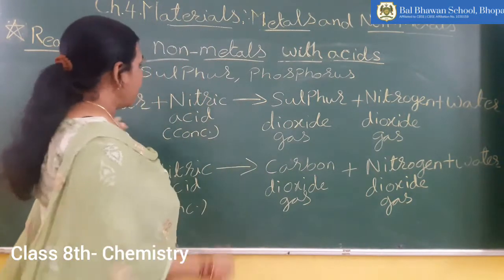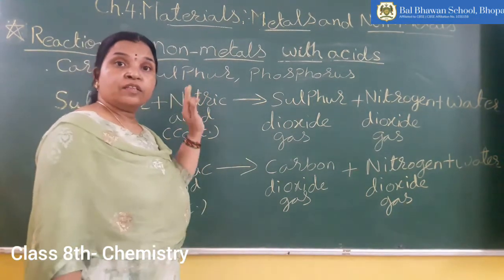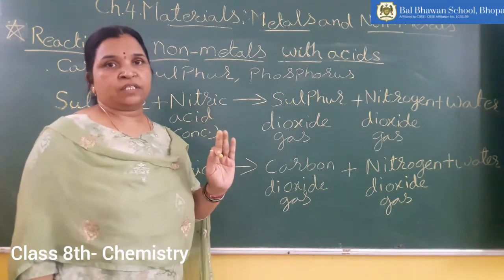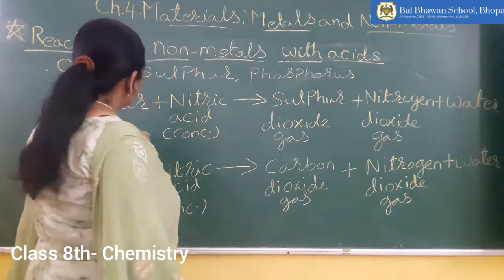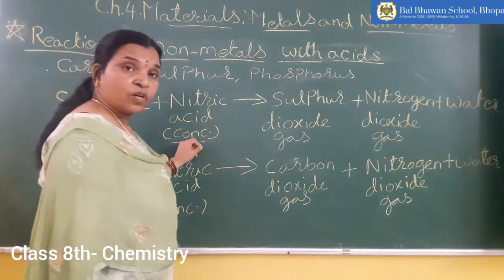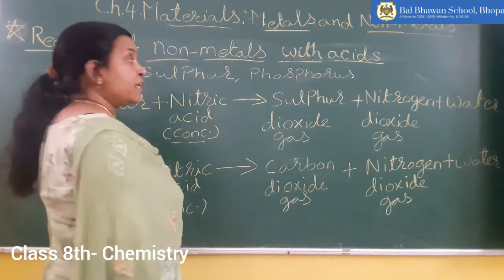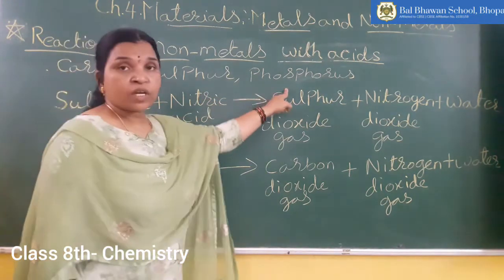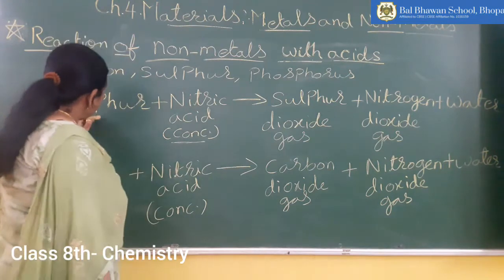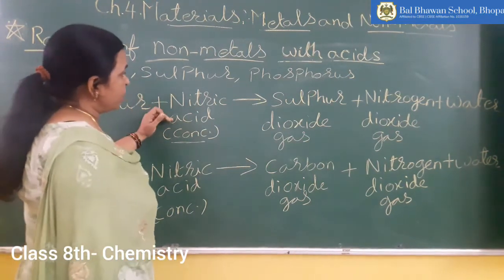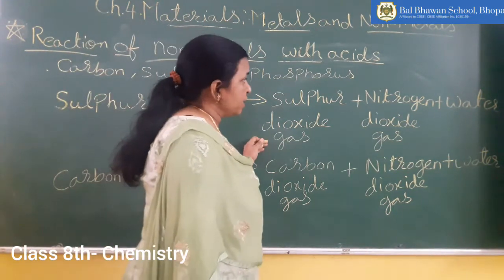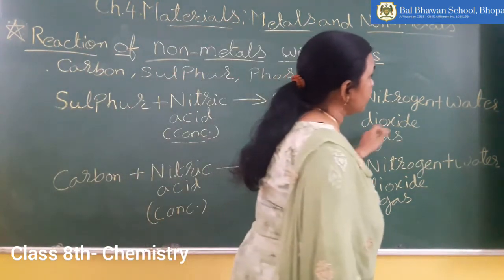So what have we changed? In the case of metals reacting with acid, we took dilute acid, if you remember. Now we have taken concentrated acid. Why have we taken concentrated acid? Because these non-metals are not able to react with dilute acid. So now if I mix sulfur powder with concentrated nitric acid, I will obtain sulfur dioxide gas, nitrogen dioxide gas and water.